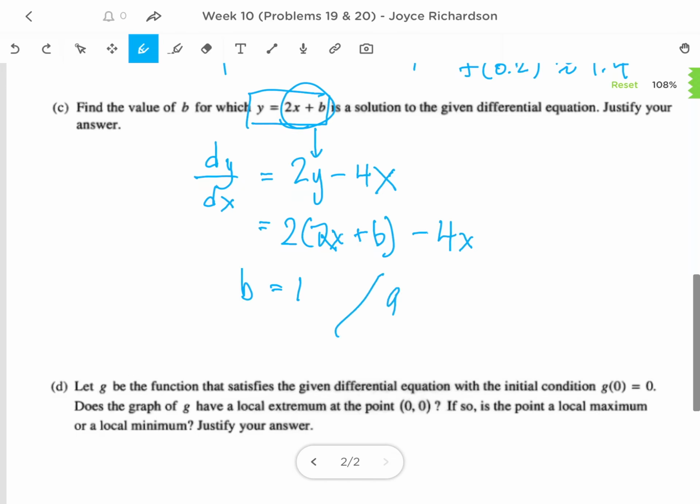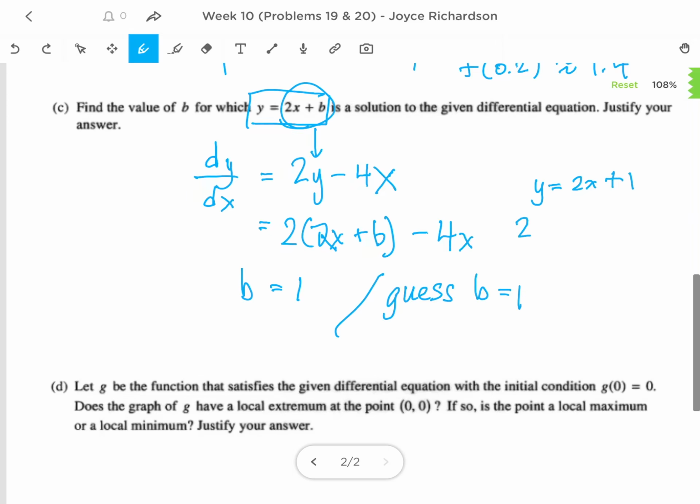And then the other option was to guess, which some of you said, okay, b equals 1. So now what they wanted you to do, all right, so y equals 2x plus 1, okay?